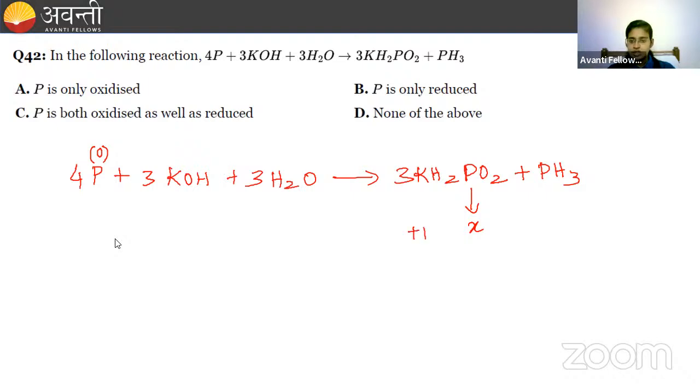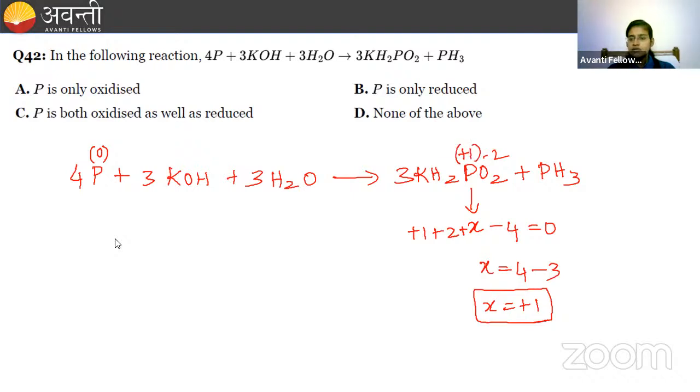So we have 2 hydrogen, +2 plus X. Now for each oxygen, it is -2. I have 2 oxygen, so 2 into -2 is -4, which is equal to 0. So X is equal to 4 minus 3, which is equal to +1. So the oxidation state of phosphorus in this compound is +1.